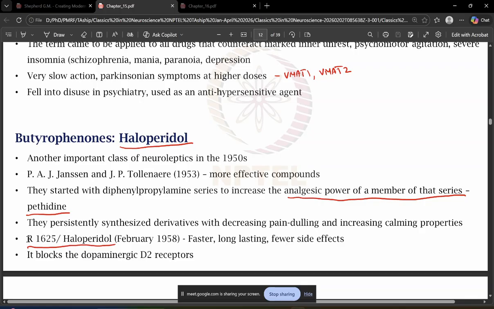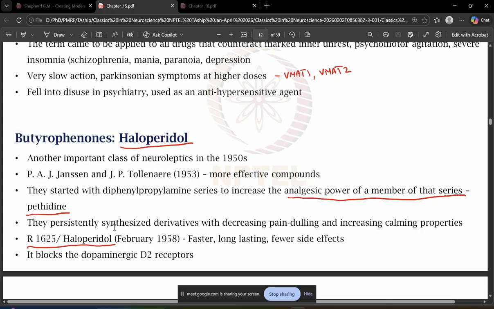So finally, they came up with R1625. R stands for research, and 1625 is the number of the compound, after they had synthesized 1625 compounds. R1625 was renamed haloperidol, and it was a type of butyrophenone.